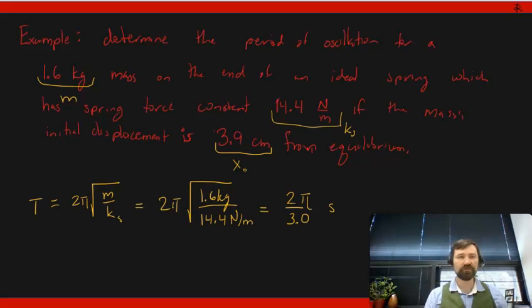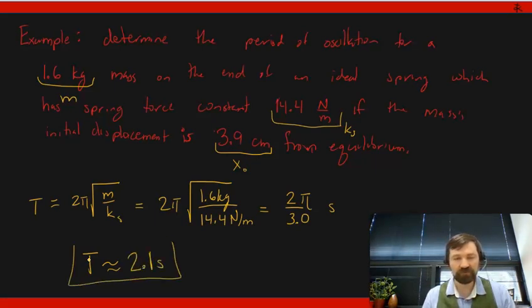So if you want to calculate that to a number of seconds without the pi in, then that ends up being 2.0943. So let's call that 2.1 seconds. So that should be the period of oscillation for this particular mass and spring system.